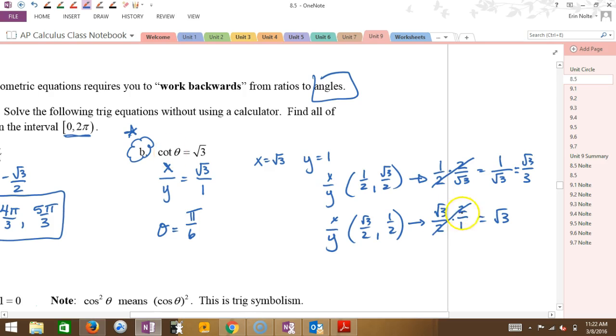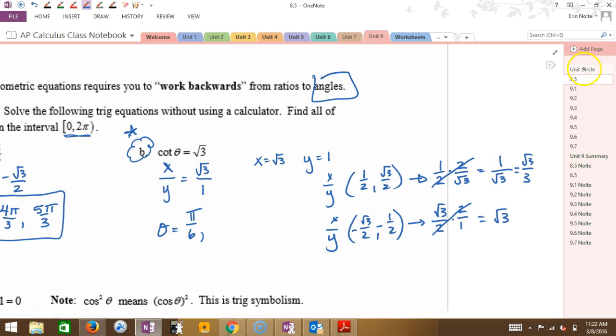Okay, think about how else we could turn something like this into a positive square root of 3. What happens if they were both negative? If they were both negative, they would cancel out and still turn to a positive. Okay, so we have a second ordered pair that would still reduce into a positive square root of 3.